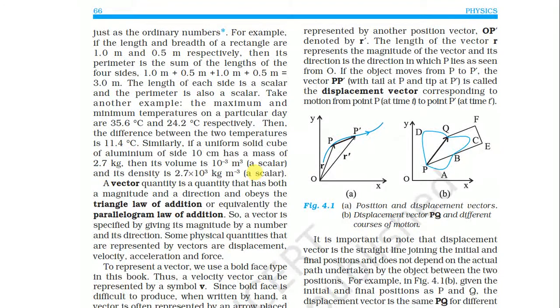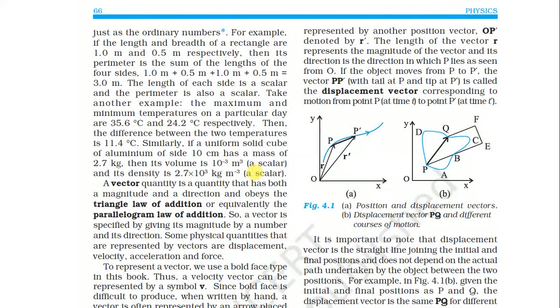So a vector has a magnitude and a direction. Suppose we are told that the velocity is 5 meters per second in this direction or in that direction, so we need to give the direction of the velocity. It is a vector quantity. Acceleration is also a vector quantity, and displacement is also a vector quantity.